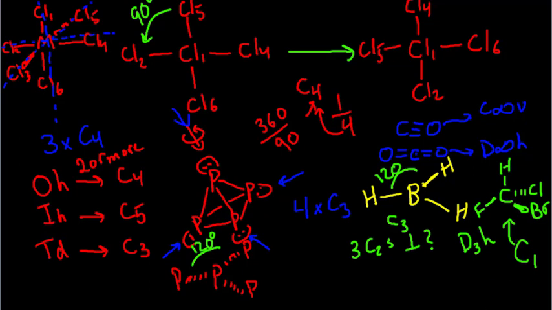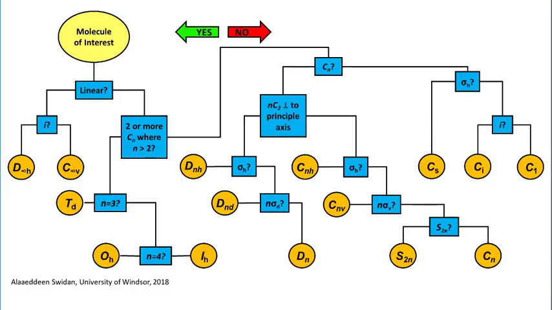So hopefully by the end of this video, you are able to look at this flowchart or similar ones and be able to follow along answering questions about the given molecule that you're looking at, and be able to come up with a point group assignment at the end.